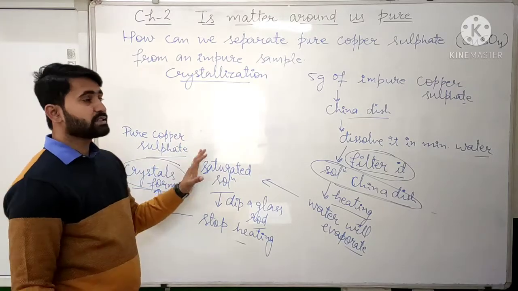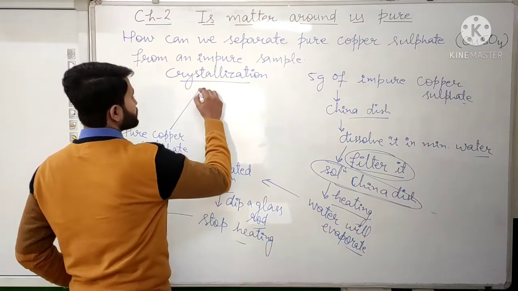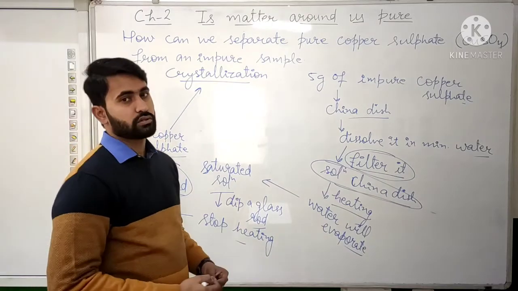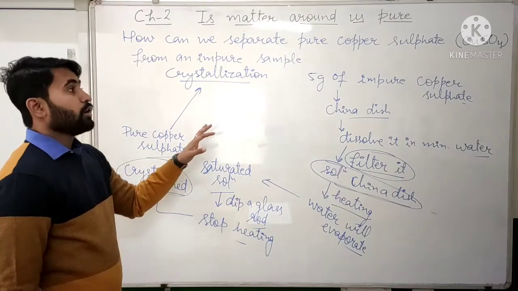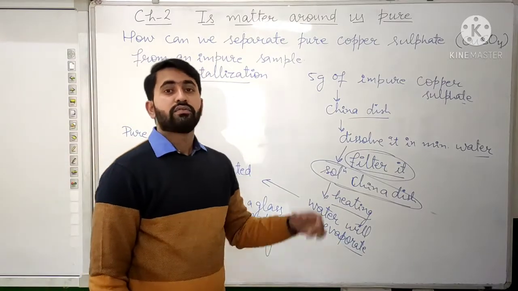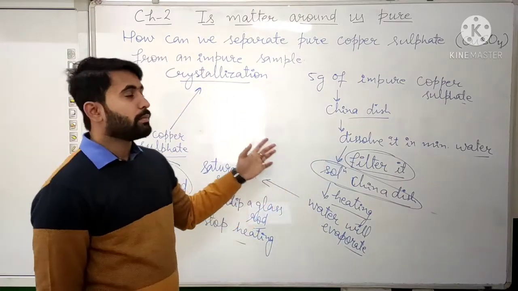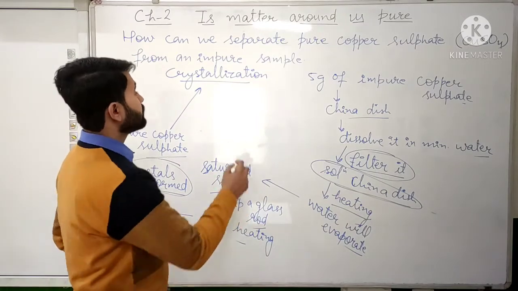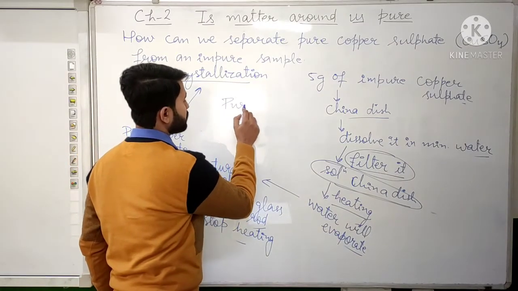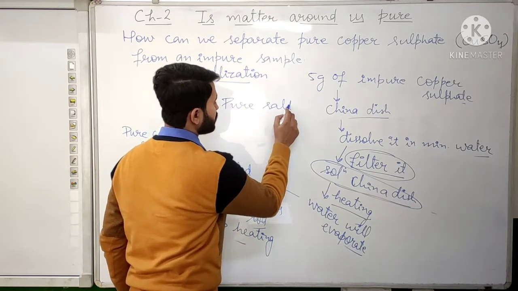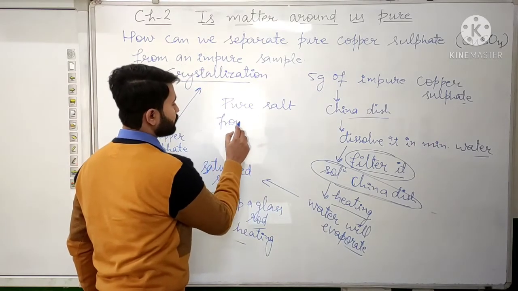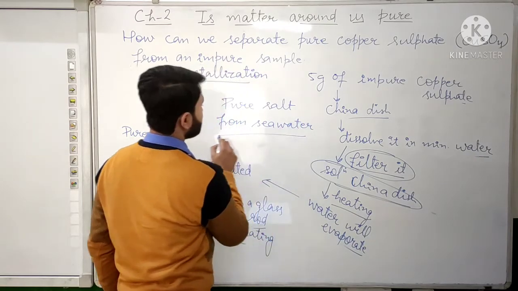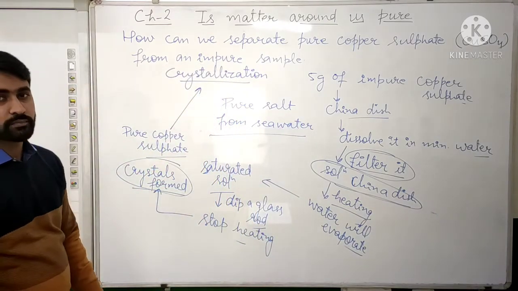Now this process is known as crystallization, meaning forming the crystals of a pure solid. So we can obtain a pure solid from an impure sample by the method of crystallization. Like the pure salt, we obtain the pure salt from seawater by the method of crystallization.